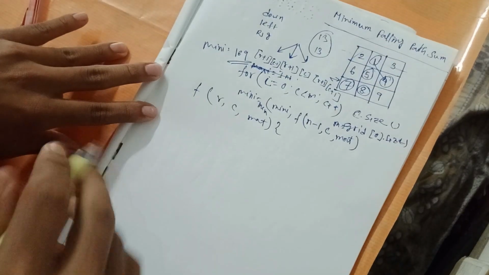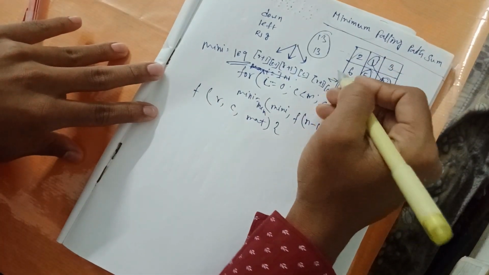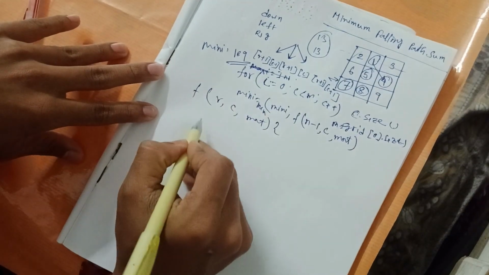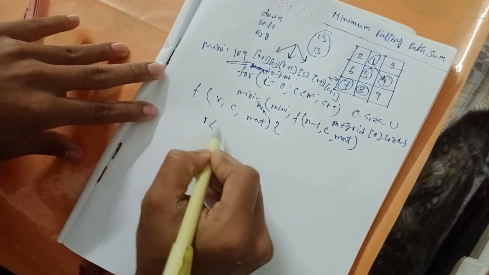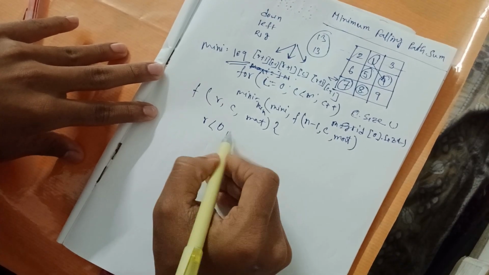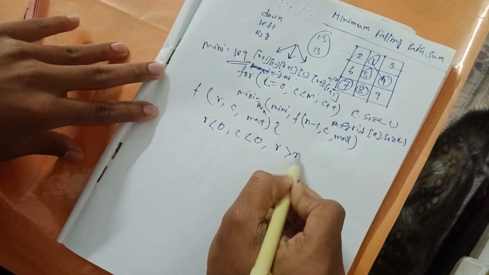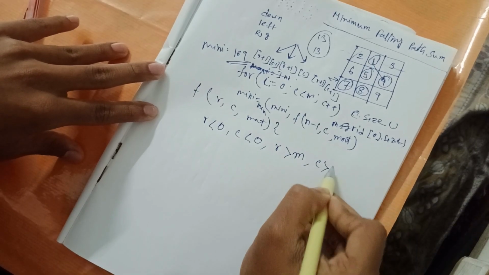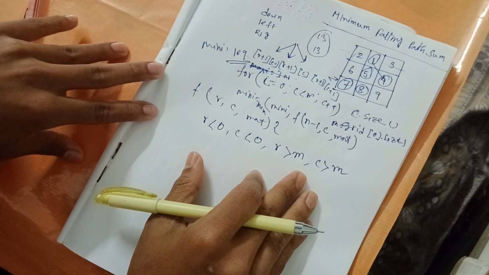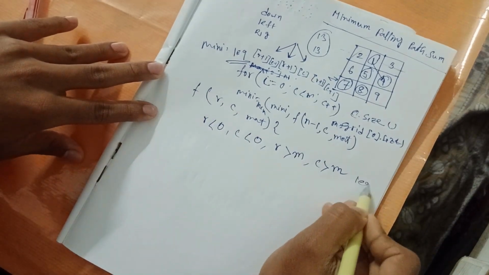First of all, the base case. What is my base case? If you cross the boundary you always return. Crossing the boundary means if r is less than 0 or column is less than 0, or if r is more than m or column is more than m, then it is out of boundary, so I return 1e9, a max value.